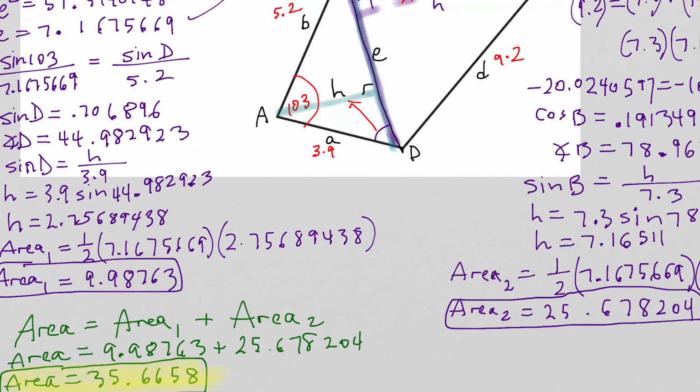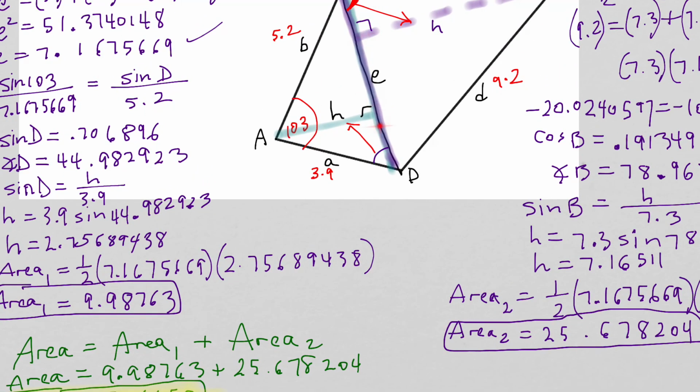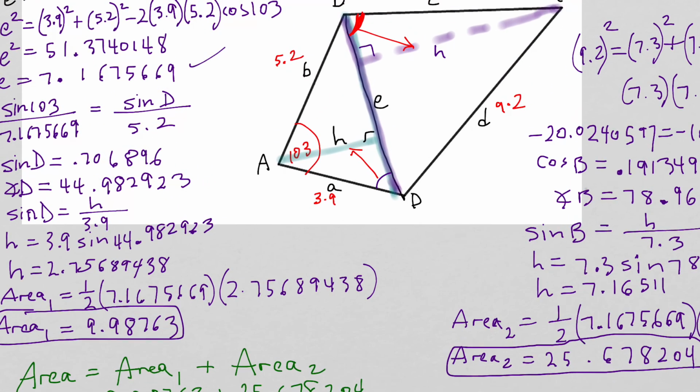All right, so the strategy that we used was to use this internal diagonal here as the base for the left triangle and the right triangle, to use side angle side law of cosines to find the piece that we needed over here to find h, and then over here we had side side side, so we used law of cosines again to find the angle that we needed to solve for h.